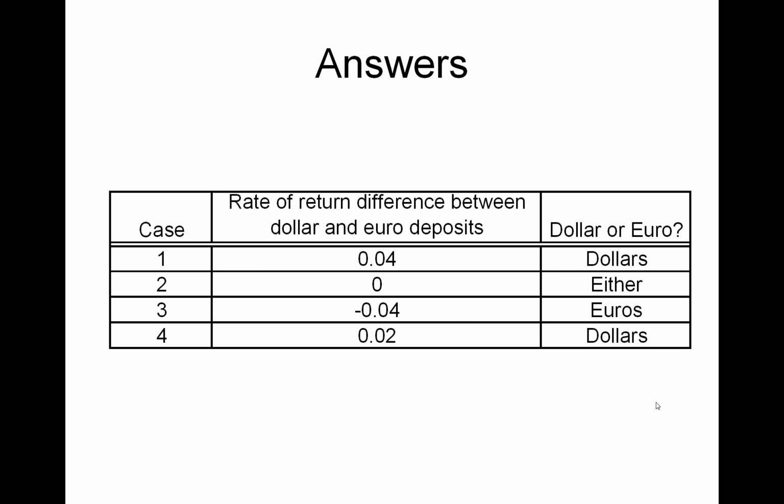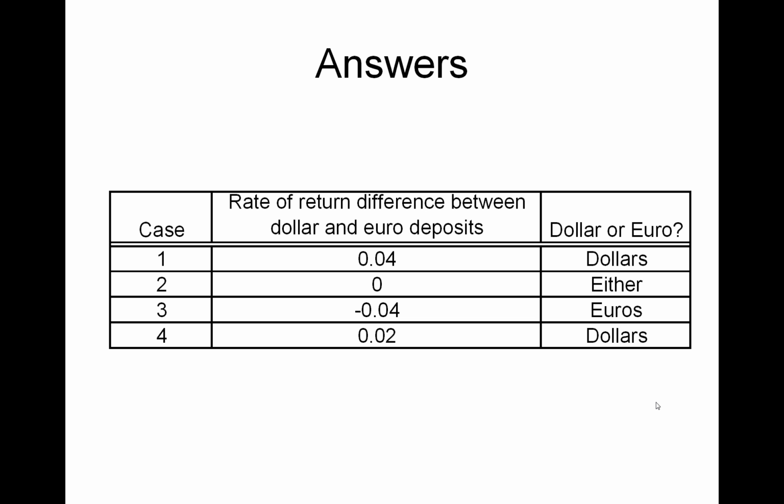So the answer to this simple exercise is for case 1, we found that the rate of return difference between dollar and euro deposits was 0.04. And since this is positive, this means that we should be buying dollar accounts. In case 2, the difference in the rate of returns between the two different deposits is actually 0, which means that both dollar and euro accounts are just as good, so either one.